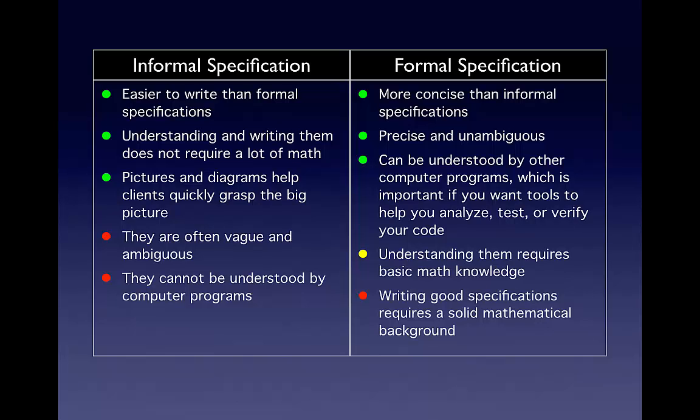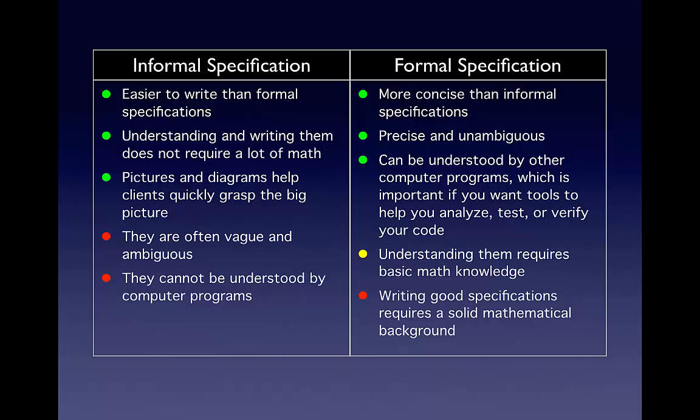Furthermore, understanding them and writing them doesn't require a heavy math background. Another benefit of informal specifications is that pictures and diagrams often help users to understand the big picture relatively quickly. On the negative side, informal specifications can often be vague or ambiguous, and they definitely cannot be understood by computer programs.